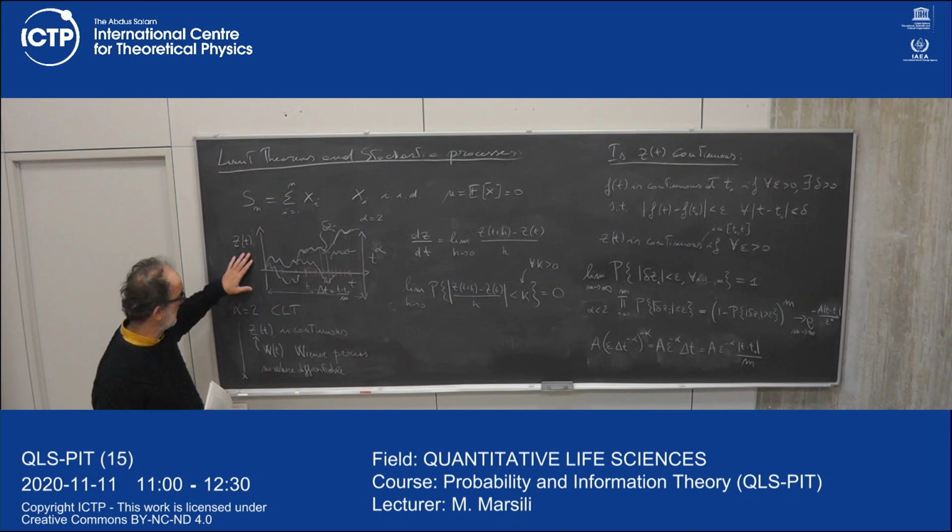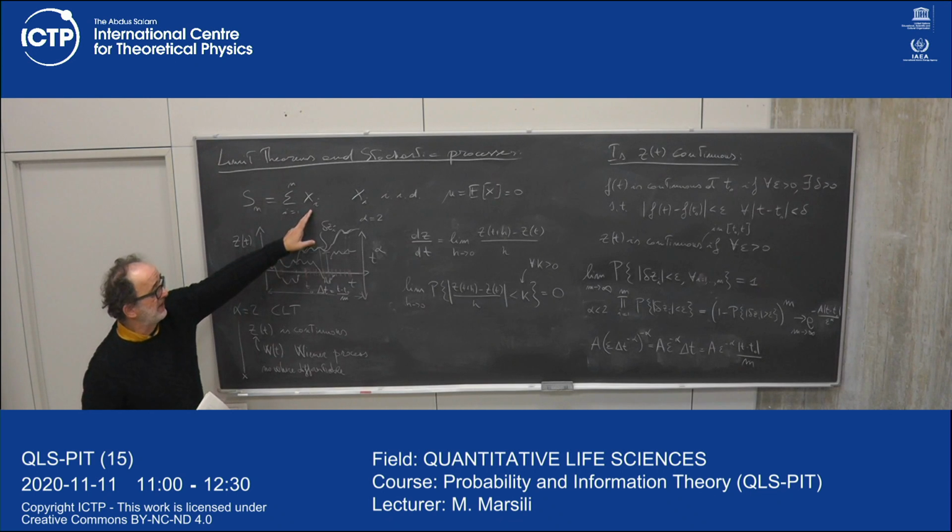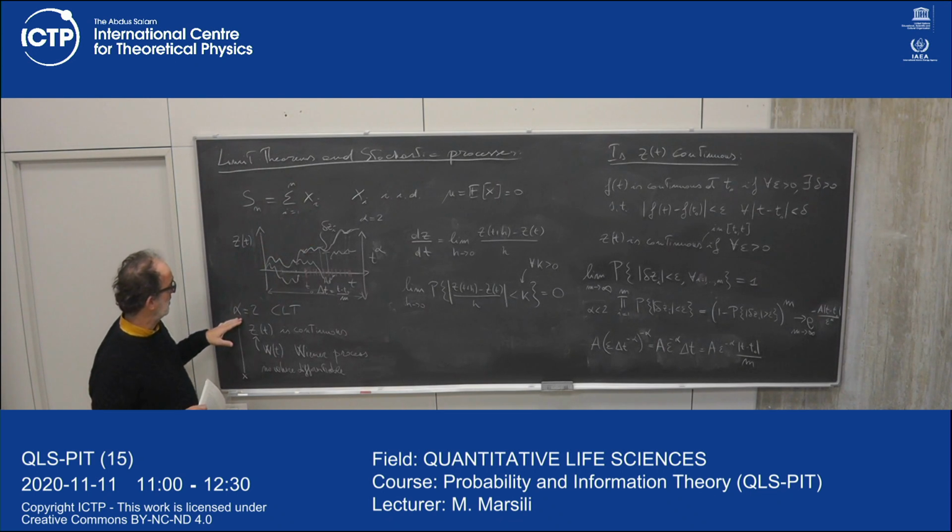In particular, when the variance of the increments is finite, you are in the basin of attraction of the Gaussian, in the central limit theorem regime. And so what you find is that the trajectories in this case are called the Wiener process, and these are continuous trajectories which are nowhere differentiable.